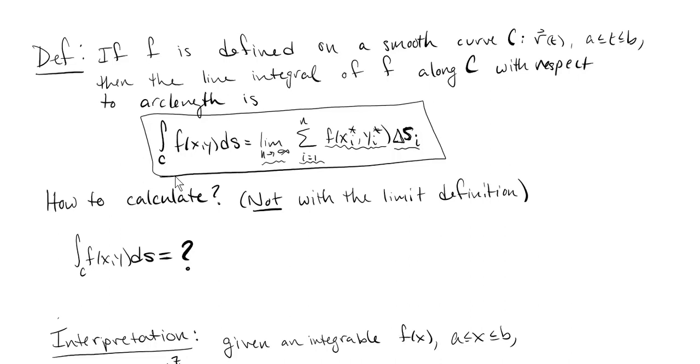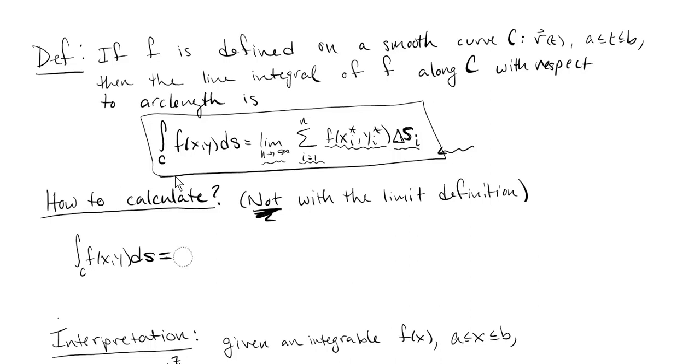But you might remember we don't typically use this limit definition to integrate. So how are we going to calculate this? If we're not going to use the limit definition, how will we do this? We're going to do it kind of how we handled setting up iterated integrals for the double and triple integrals. We are just going to follow our nose here.